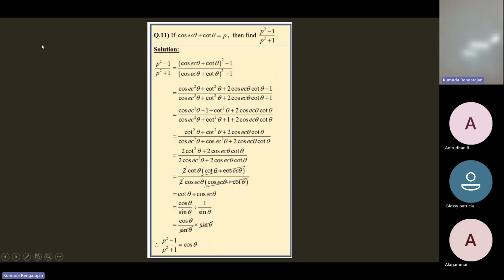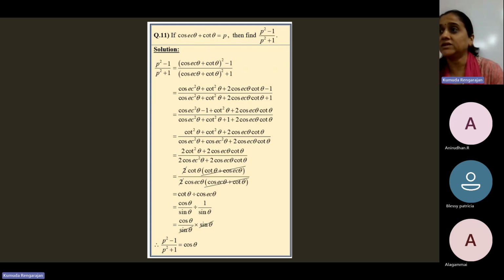Yeah, please check. Okay, please check. All of you have got it right. Most of you have got it right. For the others, I'll send the picture on WhatsApp. Please check.